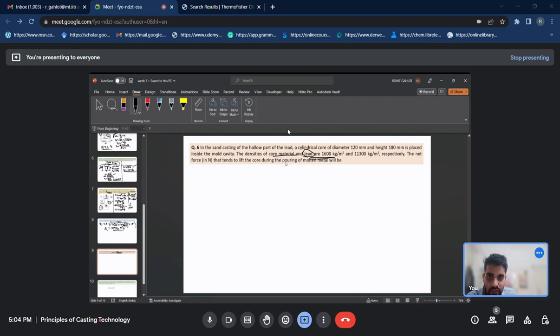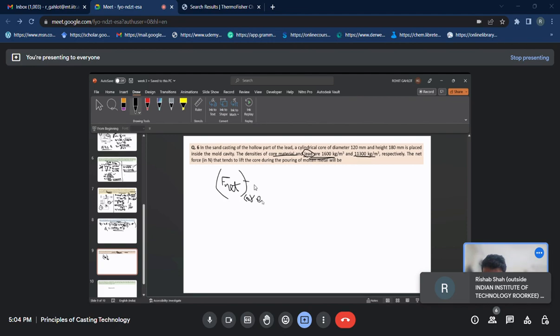Whenever we design the core, the net upward force will be due to the difference between these two densities.